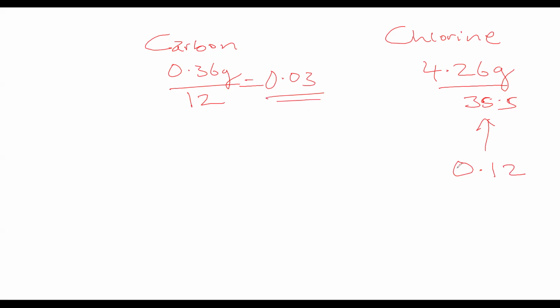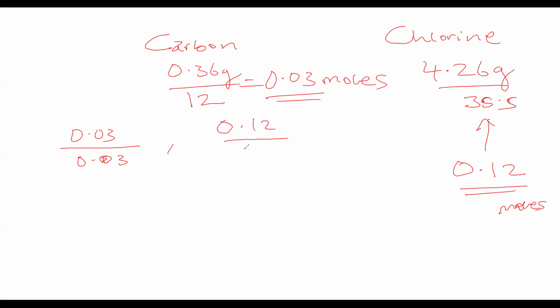What is the next step to take at this point? Divide by the smallest number. Thank you very much. What's the smallest number? 0.03. So we have 0.03 divided by 0.03, and then we have 0.12 divided by 0.03.